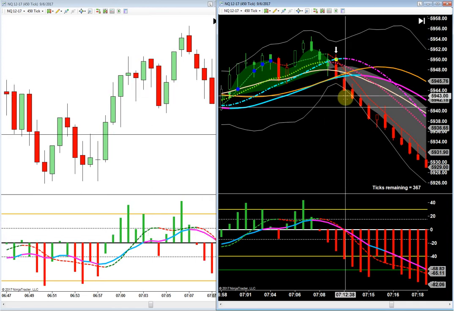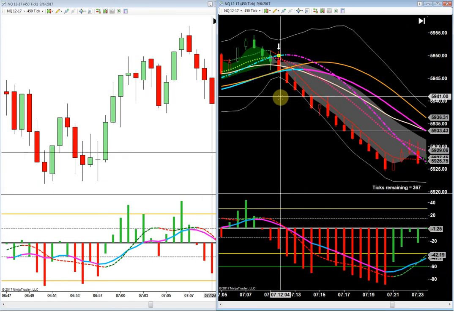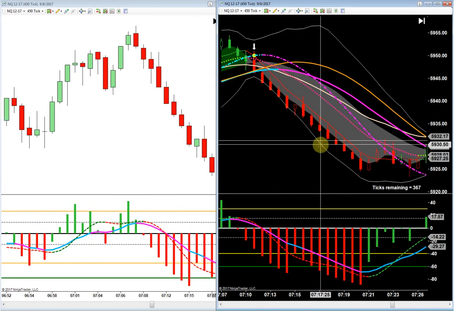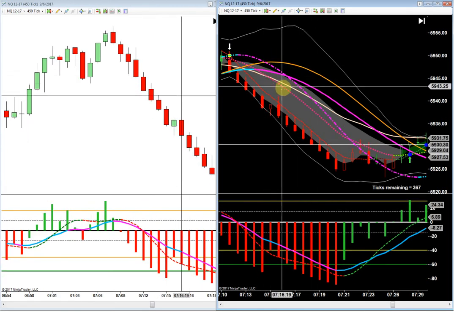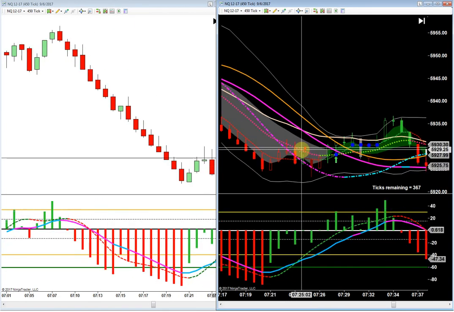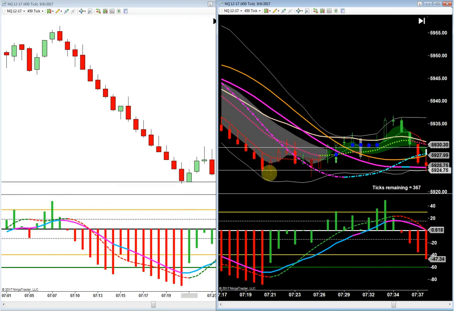See that? And down they go. And this was that long move that we talked about earlier. Boomerang's matching it all with the dynamic trend bands, the Cobra, all the tools of Boomerang.